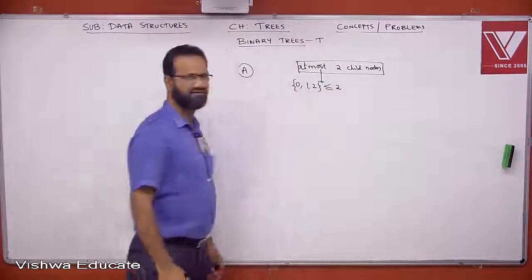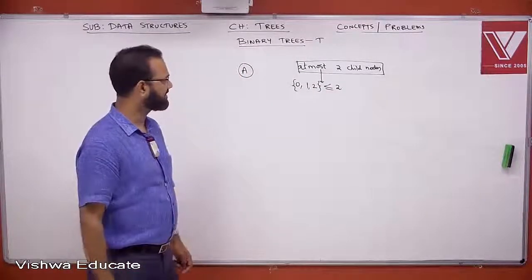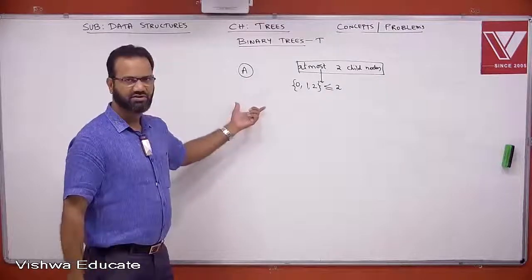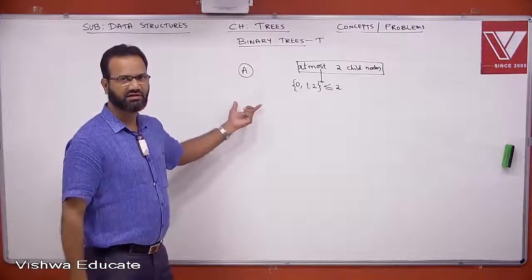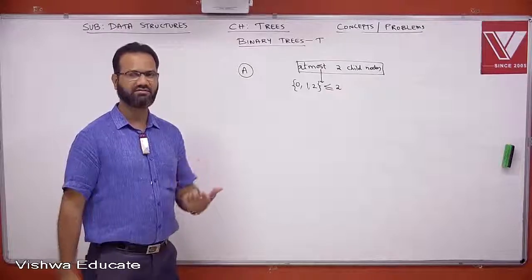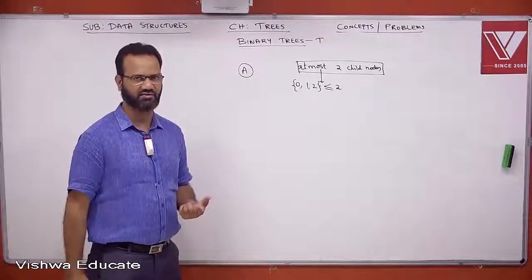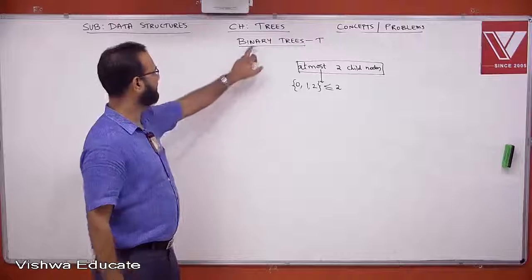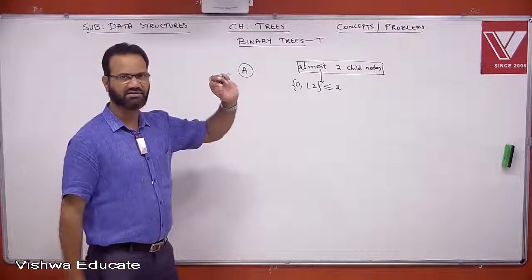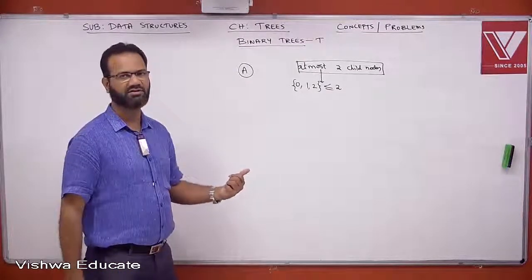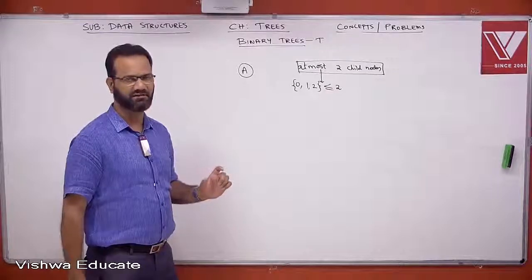Its definition says that each node in this particular structure can have 0, 1 or 2 child nodes. Then only it can be a binary tree. Otherwise, if it is not satisfying this property, then you say this tree is not a binary tree.